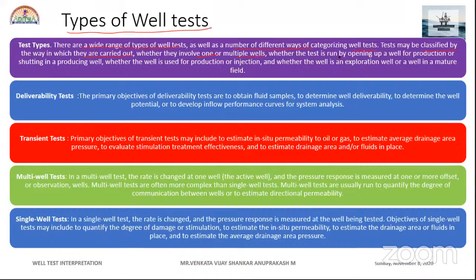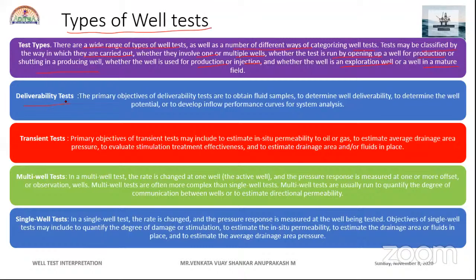It is run by opening up a well for production or shutting in a production well, whether the well is a producer or injector. Obviously it will show you at what stage we are doing it. It will result in an exploration well or a production well.